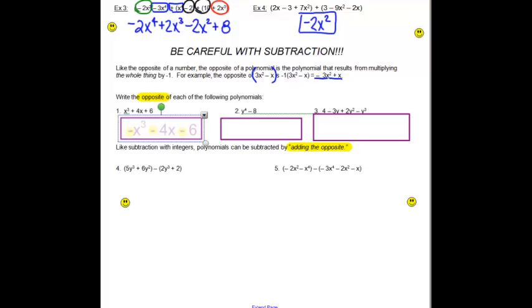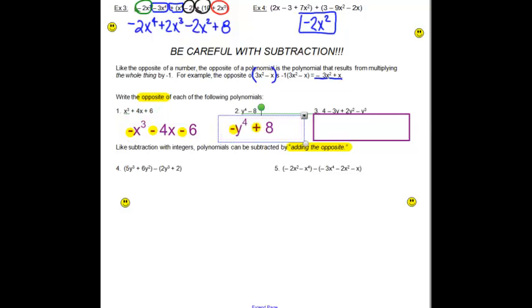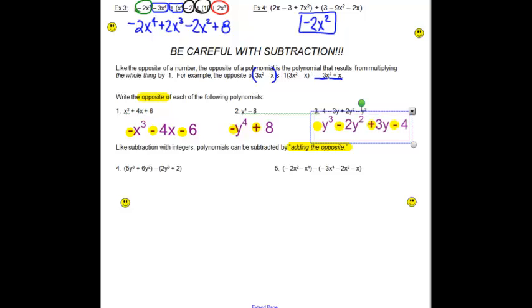The first one, x cubed, that should be negative x cubed minus 4x minus 6. The second one, negative y to the fourth plus 8. And the third one, y cubed minus 2y squared plus 3y minus 4. If you have issues with any of those particular polynomials, be sure to see me.